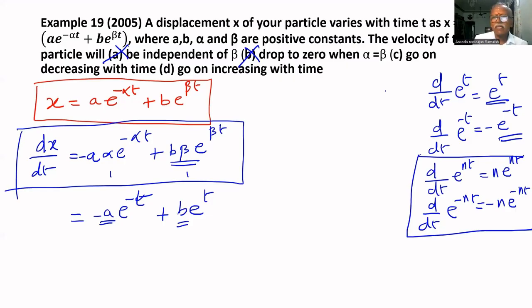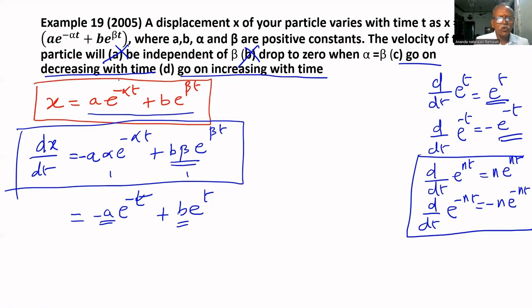Next, what it says: go on decreasing with the time t, go on increasing with the time t. So we have to increase the time and find the answer. For that, these two terms are added together.